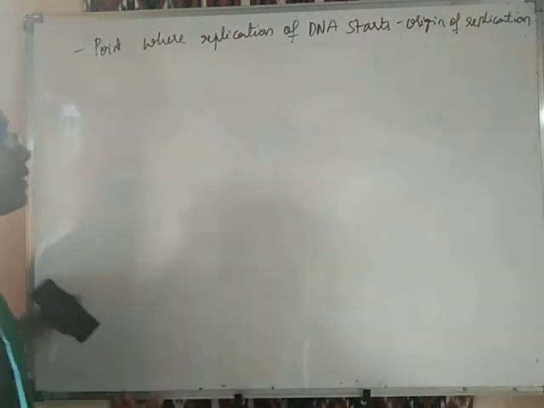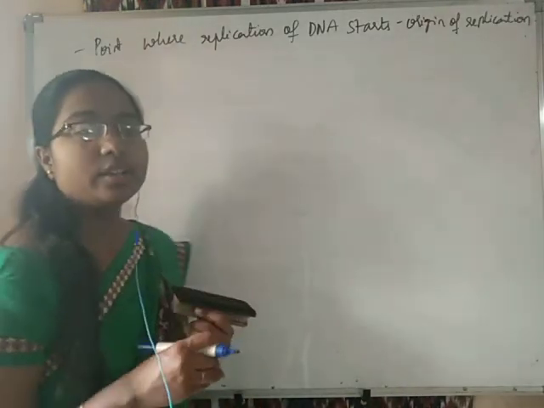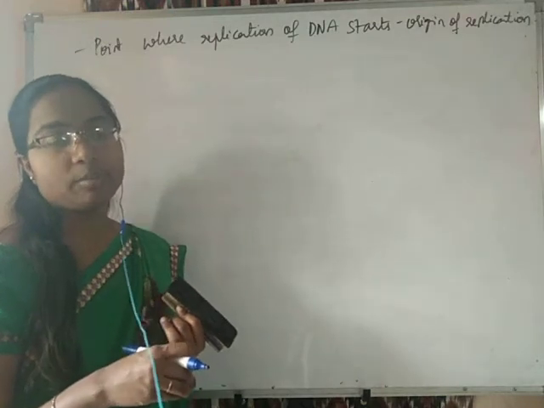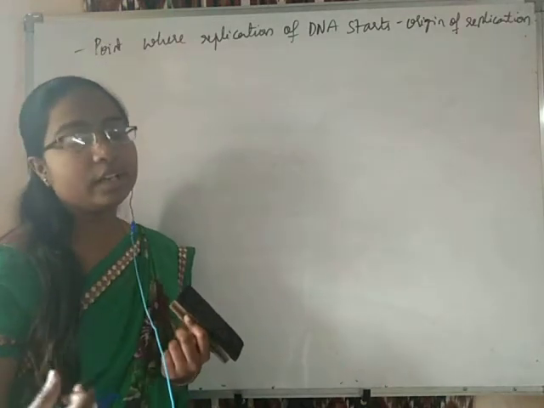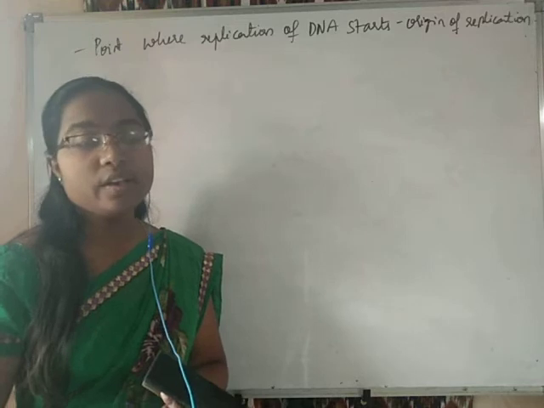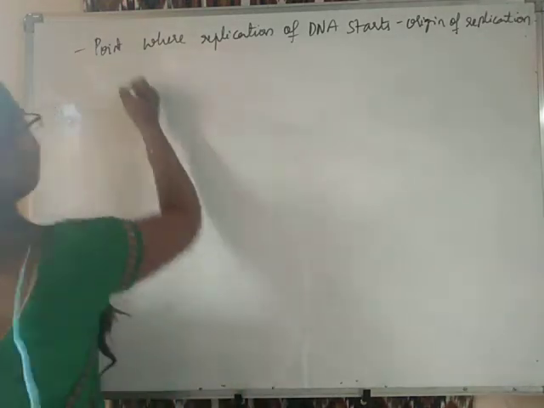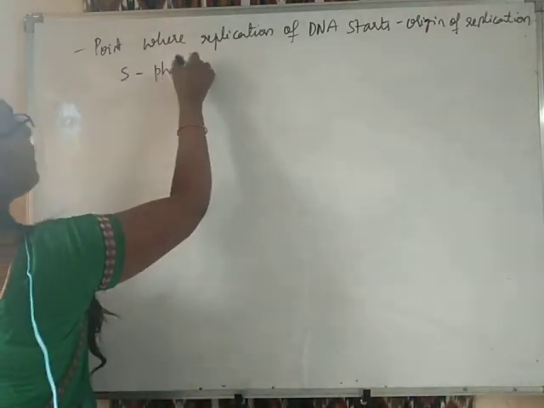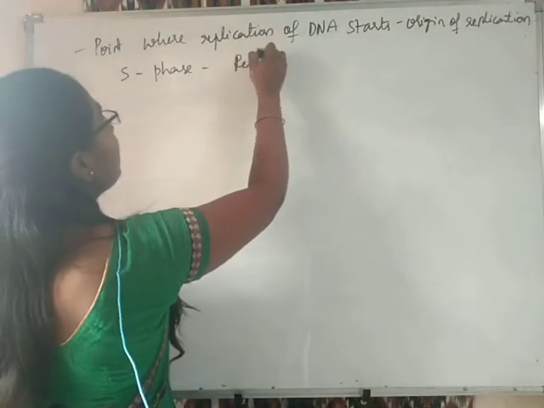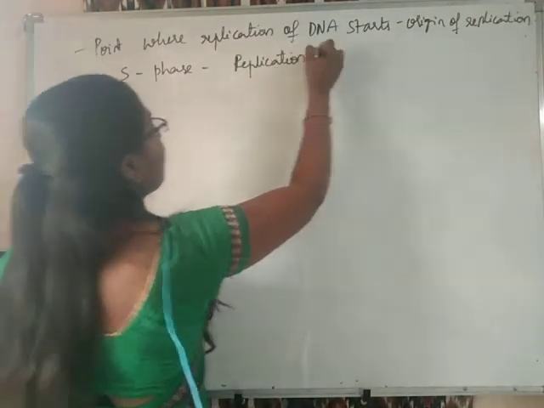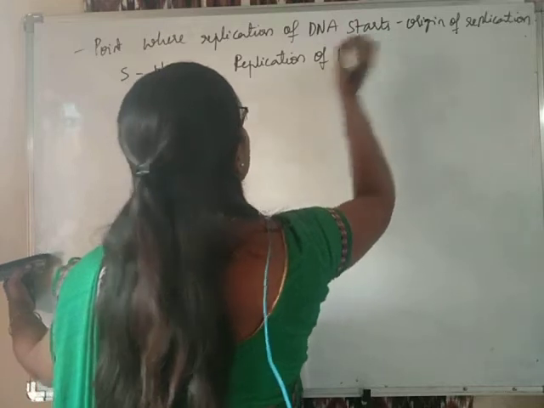And students, it is not only important that DNA replication should be monitored, even the events after DNA replication should also be monitored. For example, in the S phase of the cell cycle, replication of DNA will be completed.